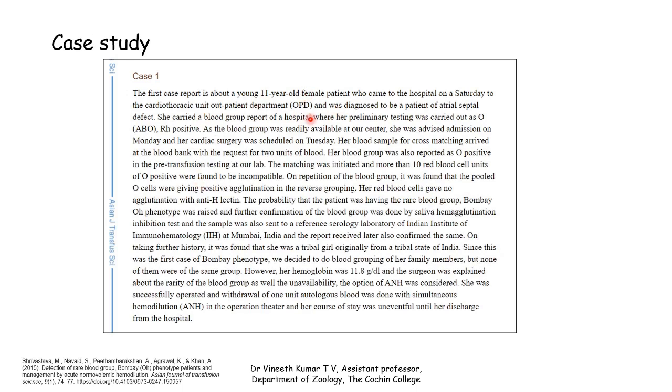An 11-year-old female patient was admitted to the hospital. She had some cardiac issues, and she carried a blood report from a nearby preliminary testing, and she was found to be O blood group with Rh positive. As the blood group was available at the center, she was admitted for the surgery, and her blood sample for cross matching arrived at the blood bank with a request of 2 units.